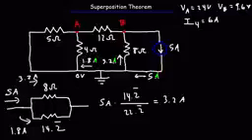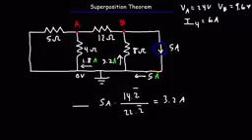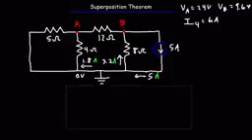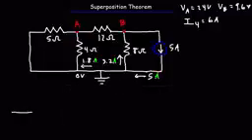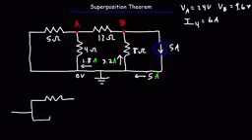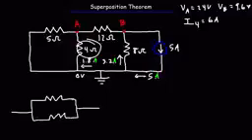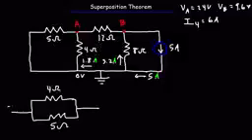So we need another current divider system. When it splits off, there are two resistors that we need to consider. That is the 4 ohm resistor and the 5 ohm resistor. And we have 1.8 amps of current entering that network.